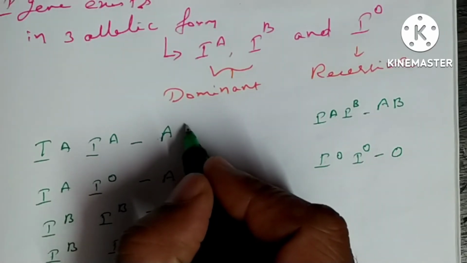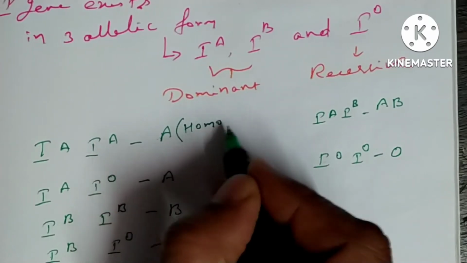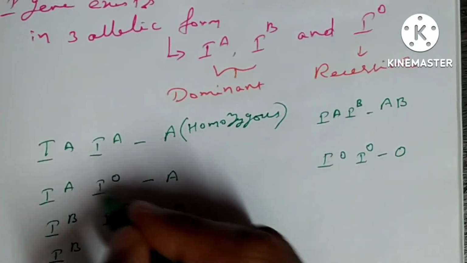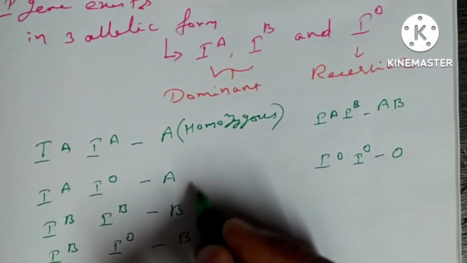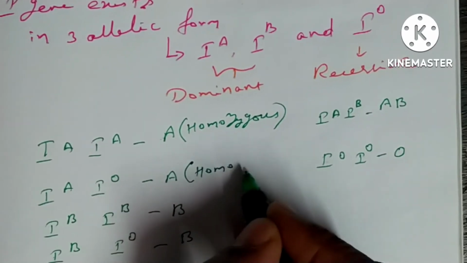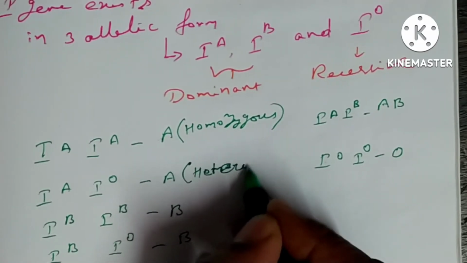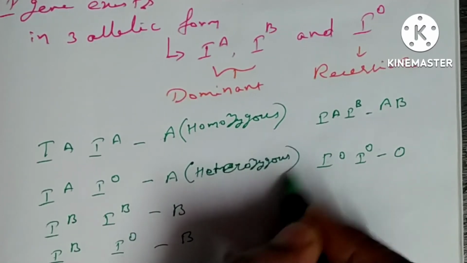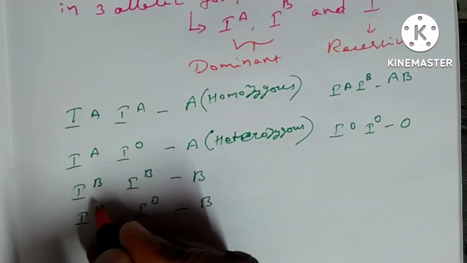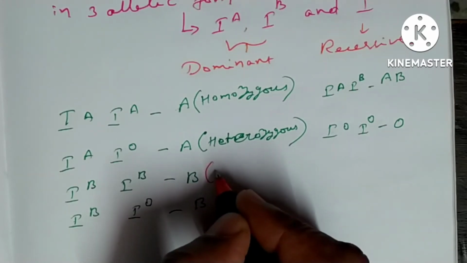IA IA is homozygous blood group A. This IA, IO allele is also possible for A blood group, and this is heterozygous. Next IB IB, blood group B, it is homozygous.